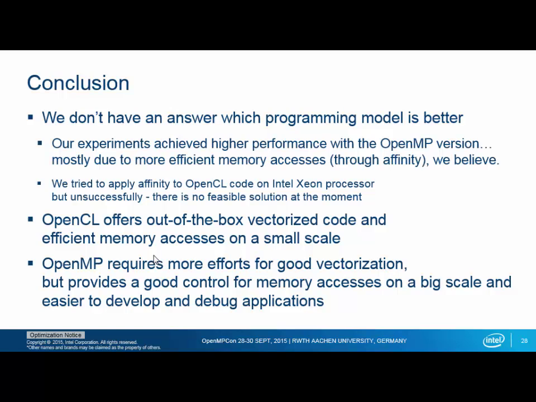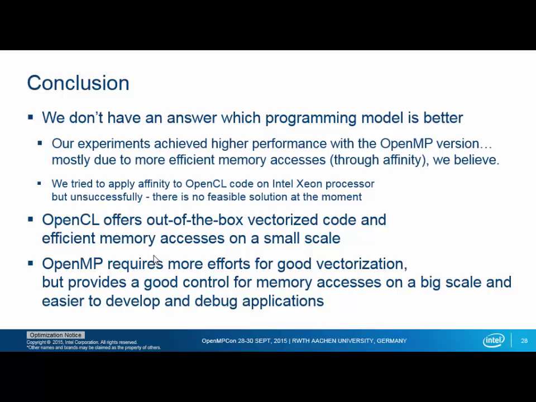But we can talk about advantages and disadvantages of these two models. According to our research, OpenCL offers you out-of-the-box vectorization and memory and data locality, since the OpenCL programming model forces you to write kernels that are friendly for vectorization and data locality.